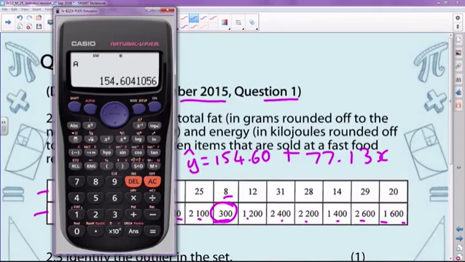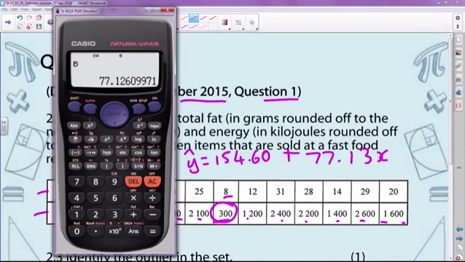Then if I press Shift 1 again, looking at regression, and we want the value of B, which is the gradient of our line, we hit the number 2, and that gives us 77,13 rounded up. So this is in fact the correct equation that matches the line they gave us.